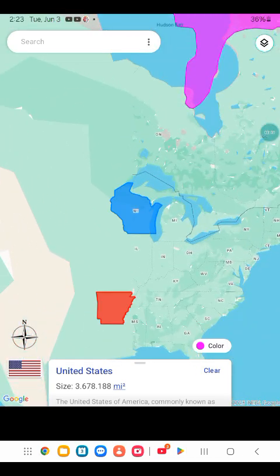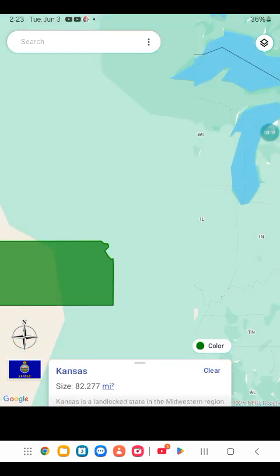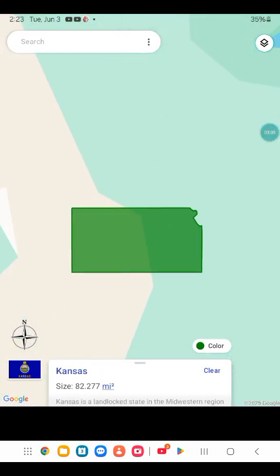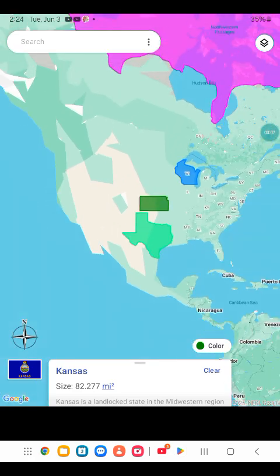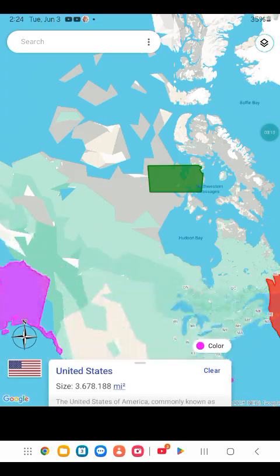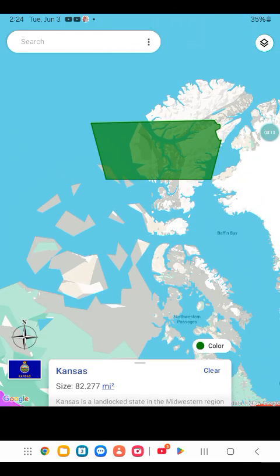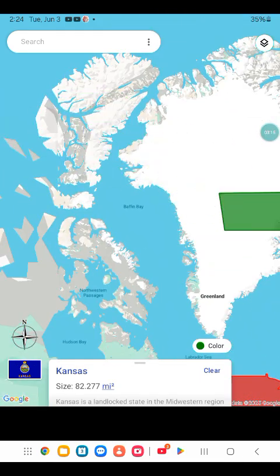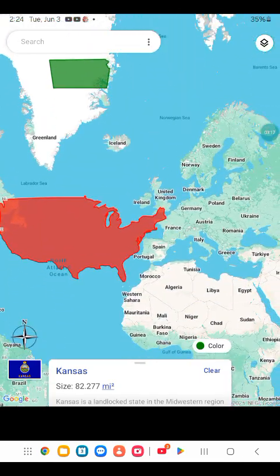Now let's see some states here. Like this state. Let's bring the other up here. It looks way big. It looks like it's bigger than Egypt.